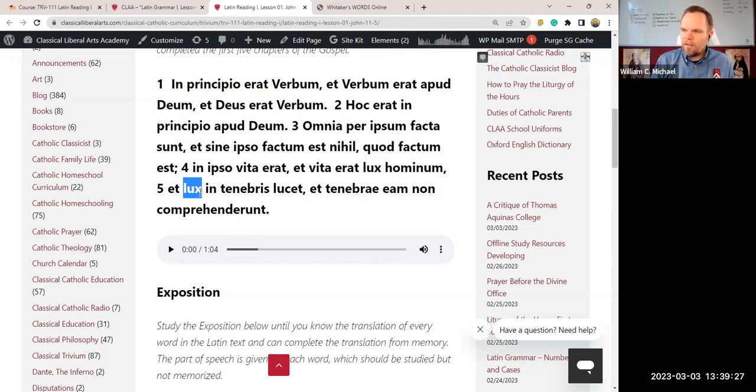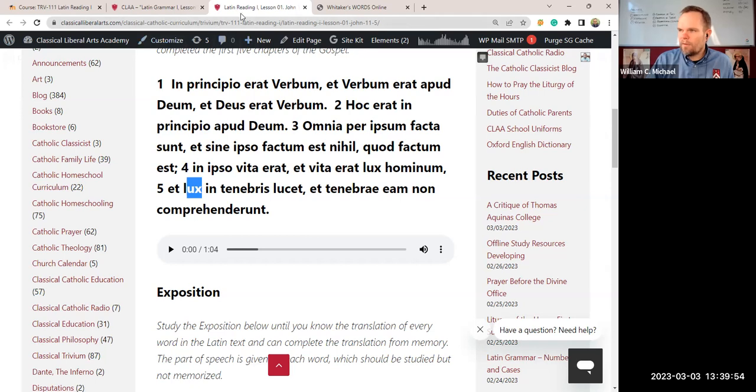What I wanted to show you in these readings is that the pronouns have their genders based on the words they refer to. "Hulk" is neuter because "verbum" is neuter. "Am" is feminine because "lux" is feminine. So it explains why things are the way they are. All right, that's enough for that.